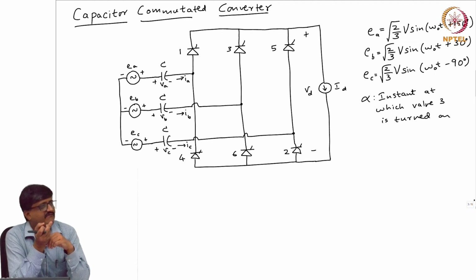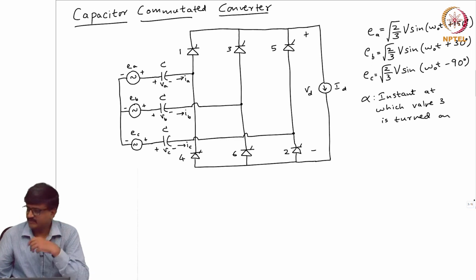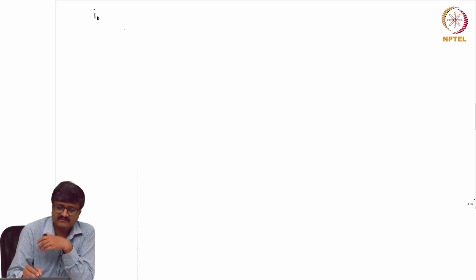So, what are the possible values of IA, IB or IC? It is ID or minus ID or 0. Suppose I take the waveform of IB. Let me plot IB first, because from IB I can get the other waveforms.